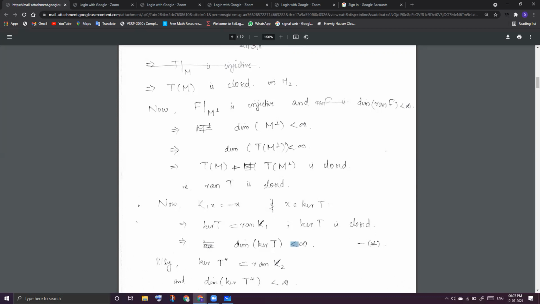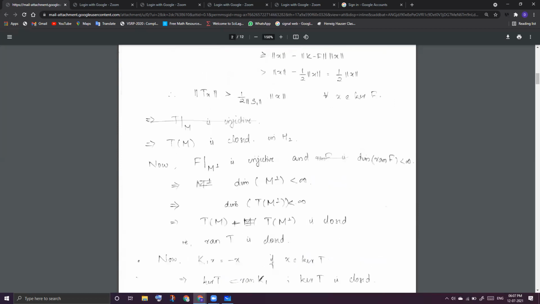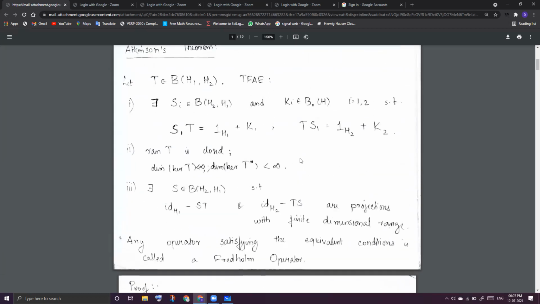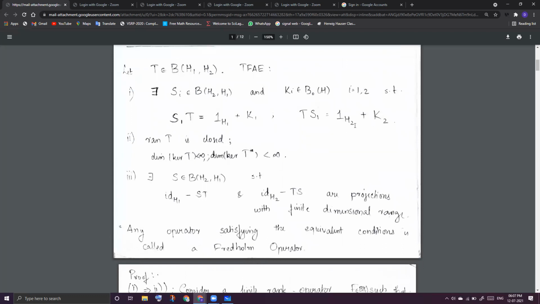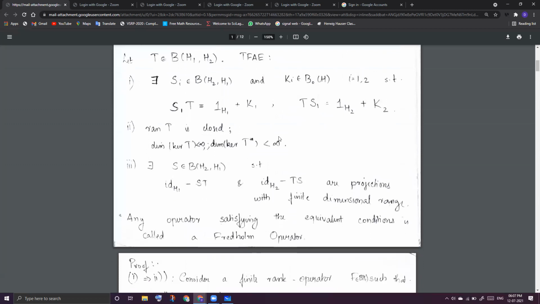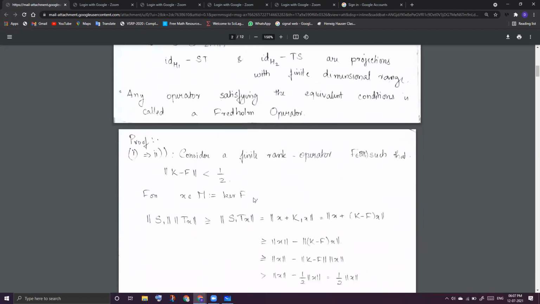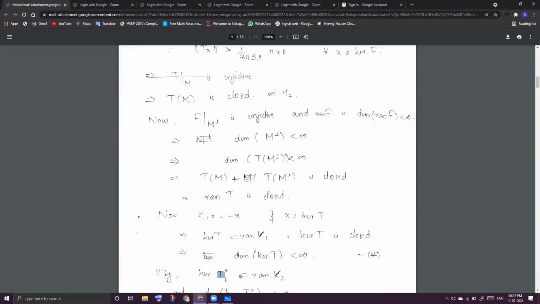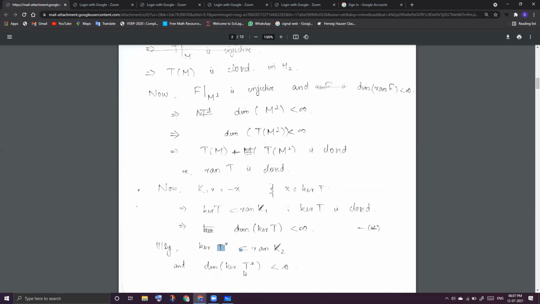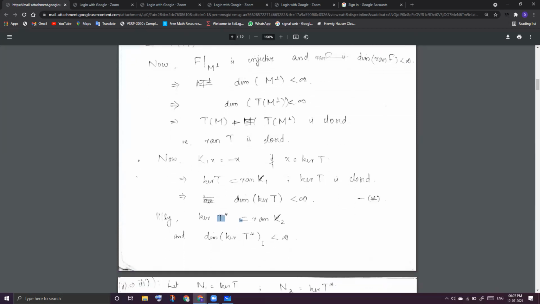This is a property of compact operators, and similarly, the kernel of T star is contained in the range of K2 due to similar reasoning, because we have this equation T S2 is equal to... okay, wait. So from that we will get that the kernel of T star is contained in the range of K2, and this will imply that the dimension of the kernel of T star is also finite.